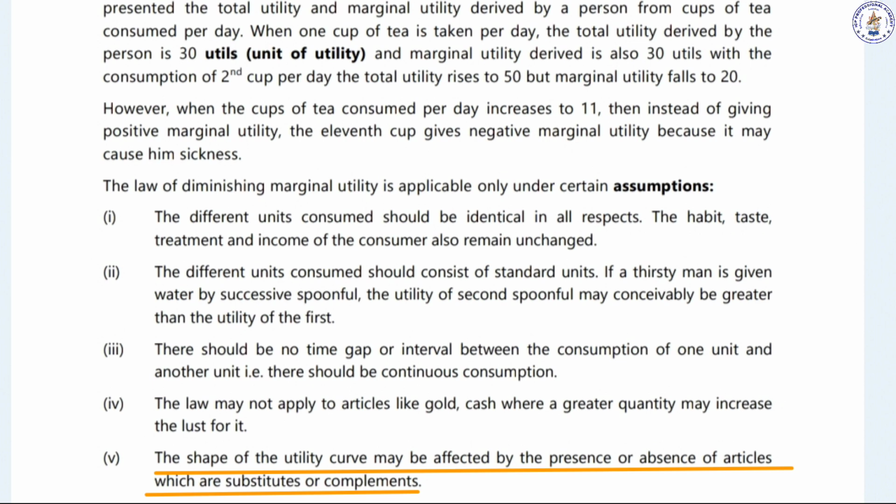They too might be substitutes or complements. The utility curve may be affected by the presence of another, but we take it to be the same tea only. If we have tea and coffee together, the utility curves may be affected. That is the fifth assumption. So the law of diminishing marginal utility prevails with these assumptions.